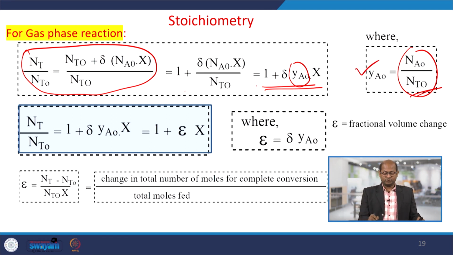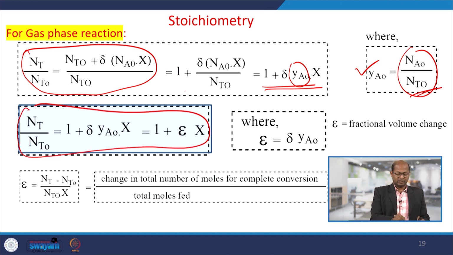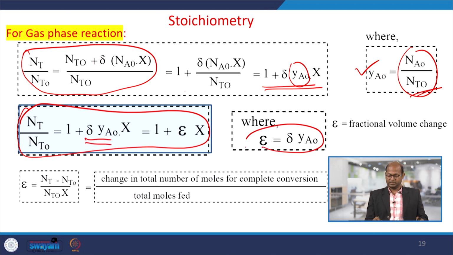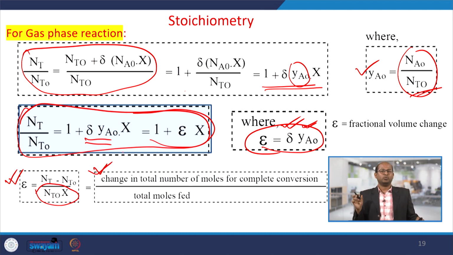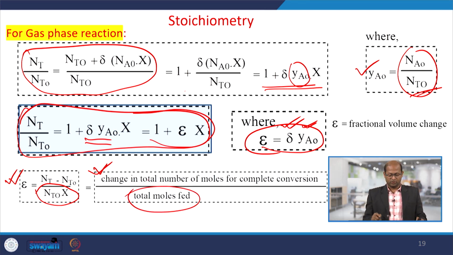So, here we are expressing N t by N t naught in terms of this part, where delta is the change in moles and this is the mole fraction. N t by N t naught we are expressing as 1 plus epsilon into X, where epsilon is the change in total number of moles for complete conversion divided by total moles fed.